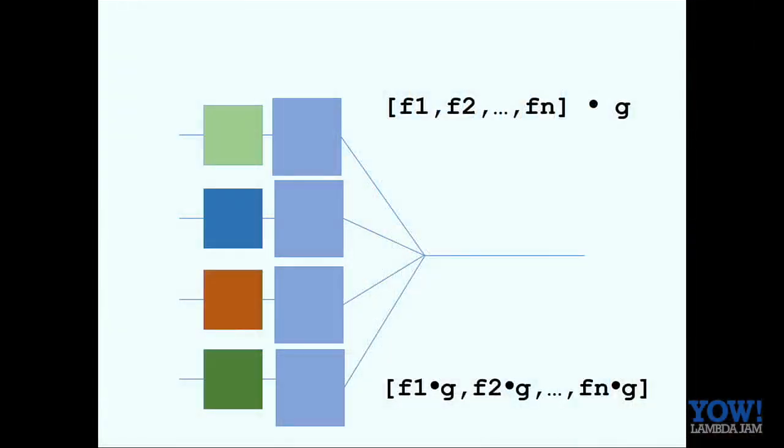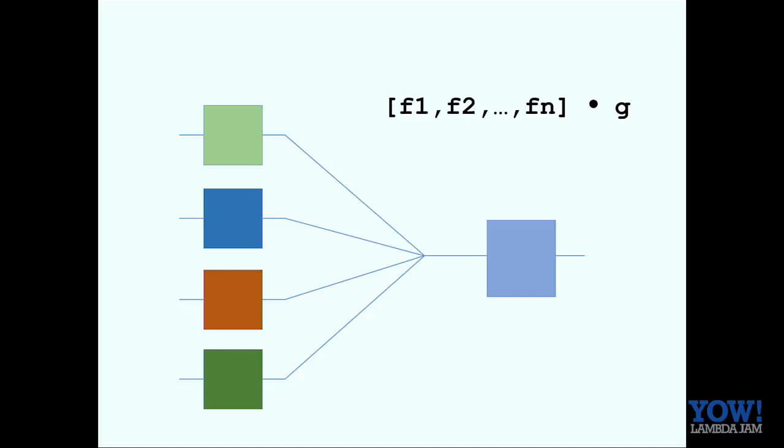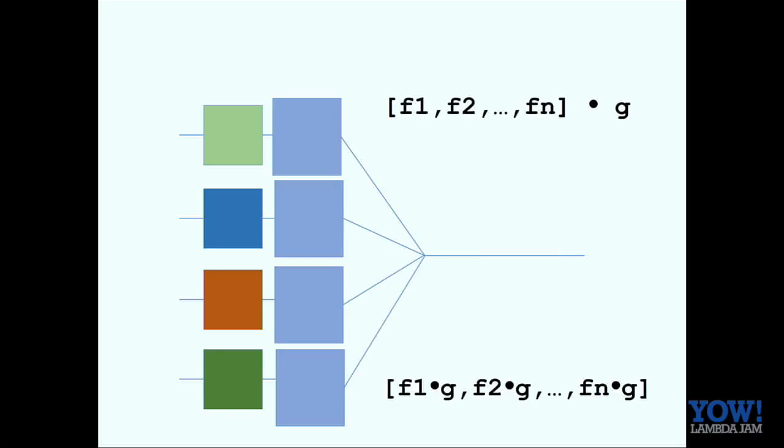It doesn't matter whether we take the output of G and replicate that, or first replicate the input, and then process it several times. And this can be written in this form. It's a construction of compositions of F1 with G, F2 with G, and so on. And so these two programs will always be equal. And that's one of Backus's laws, one of the mathematical properties he was talking about.